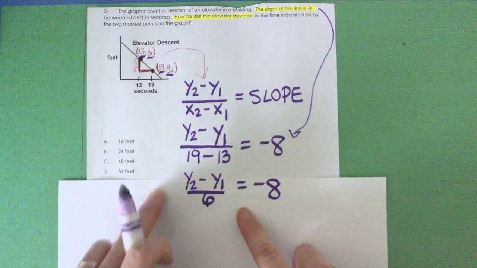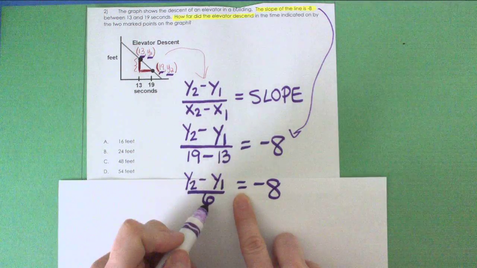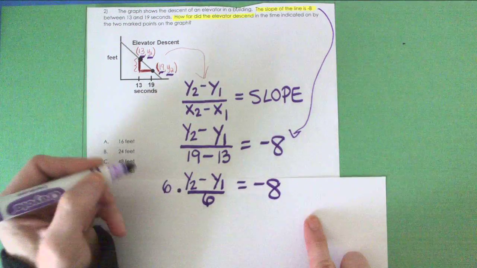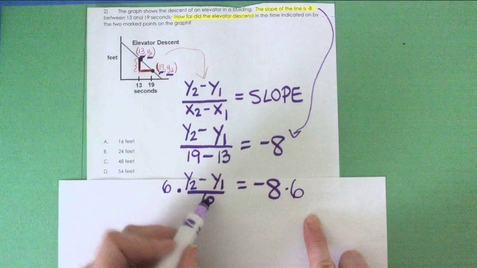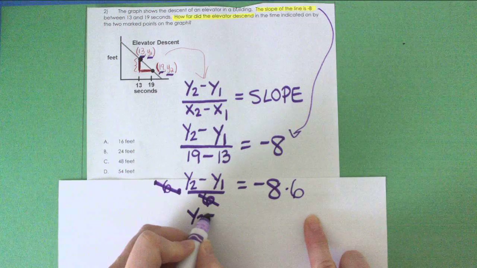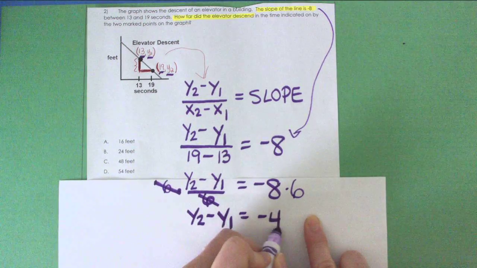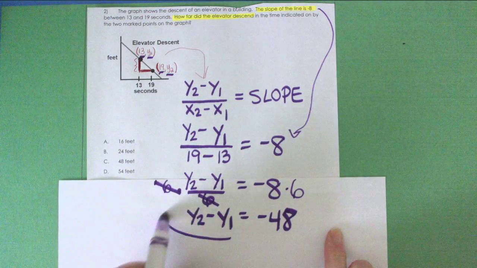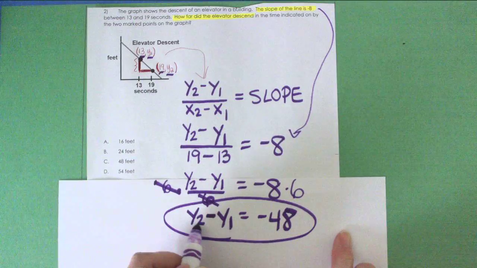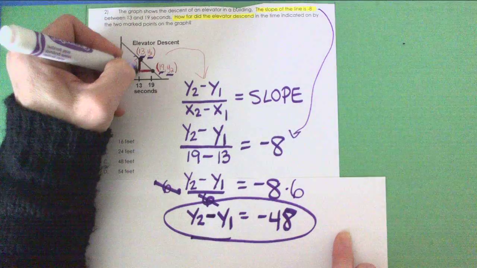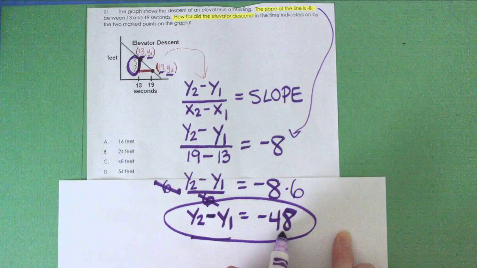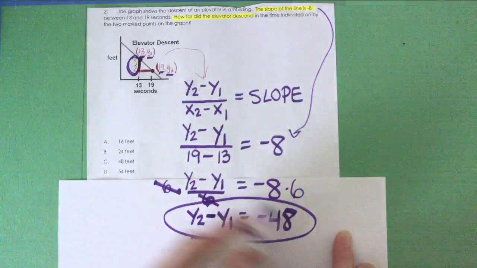Now, when solving an equation where I have this denominator of 6, to get rid of it, I can multiply both sides by 6, which is going to cancel these out, leaving me with y sub 2 minus y sub 1 equals -48. And believe it or not, my answer is right here. The difference between my y values on this graph, which is what I was looking for, is 48 feet.